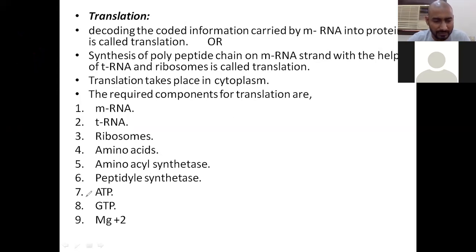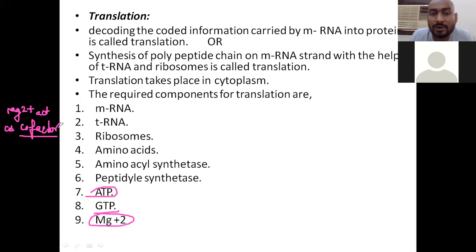Okay. ATP is very important because metabolic reactions are going on. GTP also, and magnesium ion. Magnesium ion acts as a cofactor. Cofactor means the molecules or elements which play an important role in the activity of enzymes, like amino acid tRNA synthetase. This magnesium ion acts as a cofactor or coenzyme, but since it is a metal, you can say cofactor.